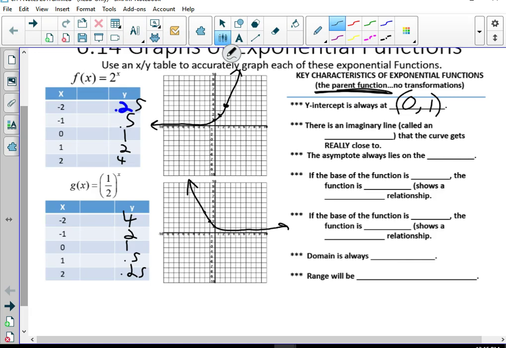Now, there's an imaginary line called an asymptote. An asymptote that the curve gets really close to. That's how we talked about that electric fence. Okay, it won't ever hit that.